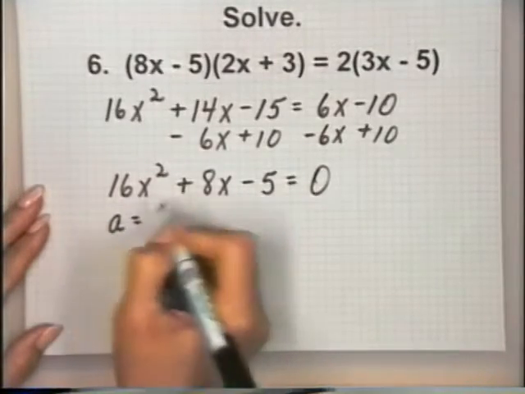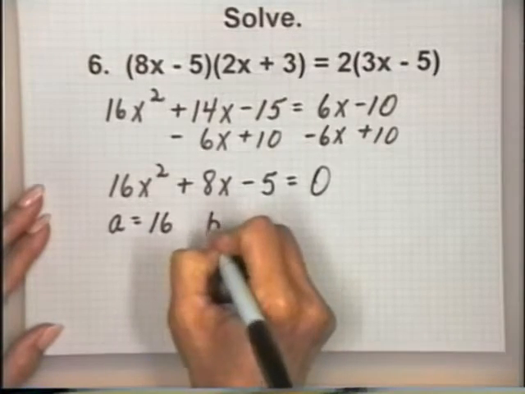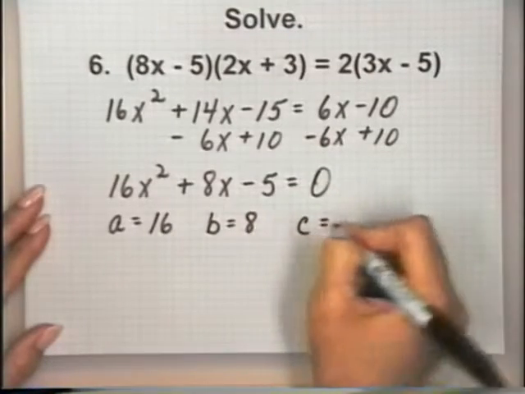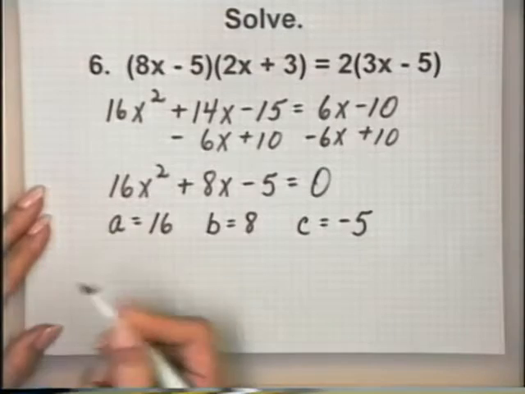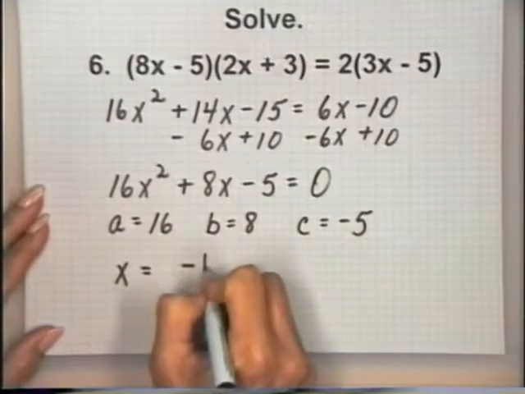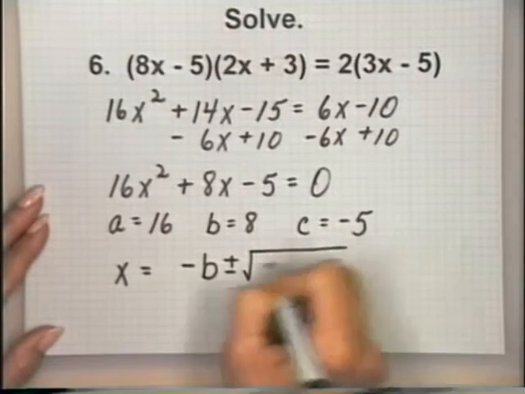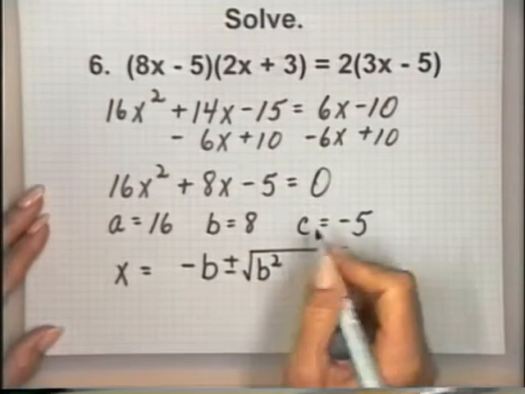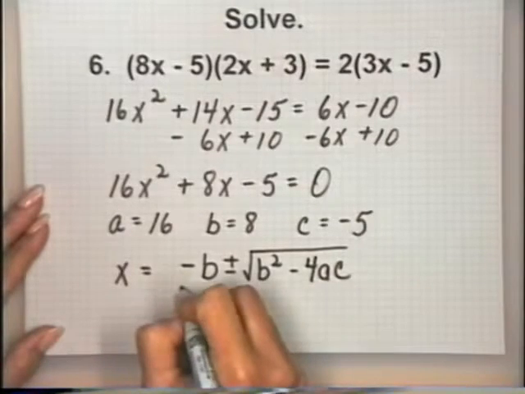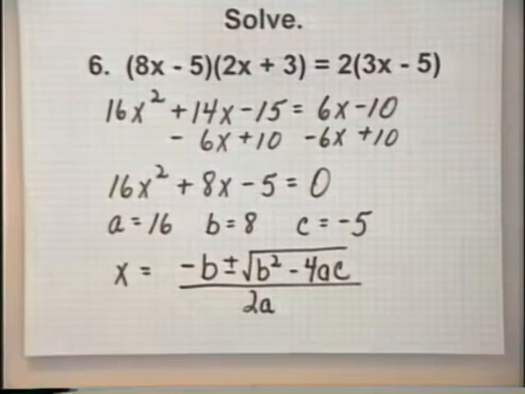Our A, which is the coefficient of the x squared term, would be 16. Our B is the coefficient of the x term. It is 8. Our C is the constant. It is negative 5. Our formula says that x equals the negative of b plus or minus the square root of b squared minus 4 times a times c all over 2 times a.